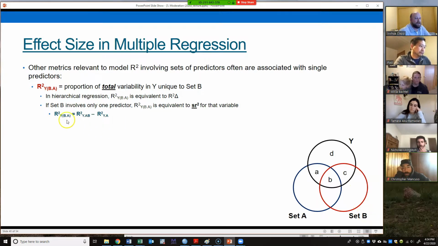I can get this value by taking my R squared for my total set minus R squared with just the first set of variables. This gives me my unique contribution above and beyond. People seeing how this plays out in terms of the math?